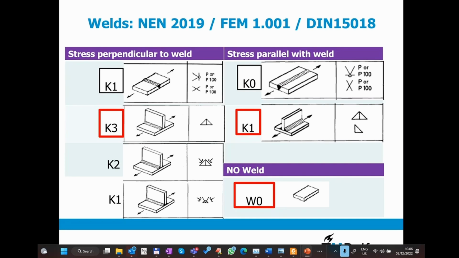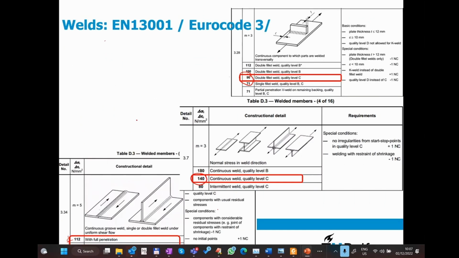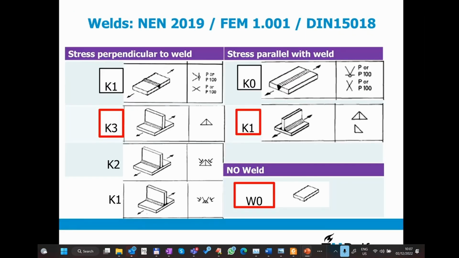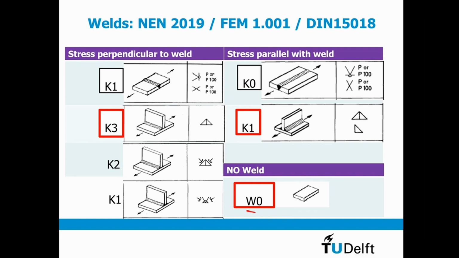And then we have the FEM standard. That is the old crane standard. I don't know if you used them, but for hoisting appliances, lifting appliances, the older codes refer to the FEM, and instead of FAT classes with a number, they do use names, but not the names from DNVGL. They make a difference between not welded, that is a W, and a welded specimen, which is a K class.